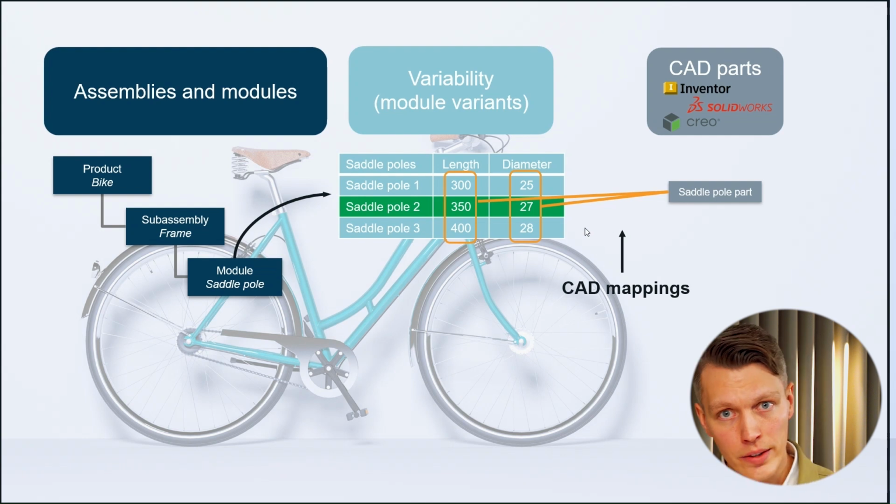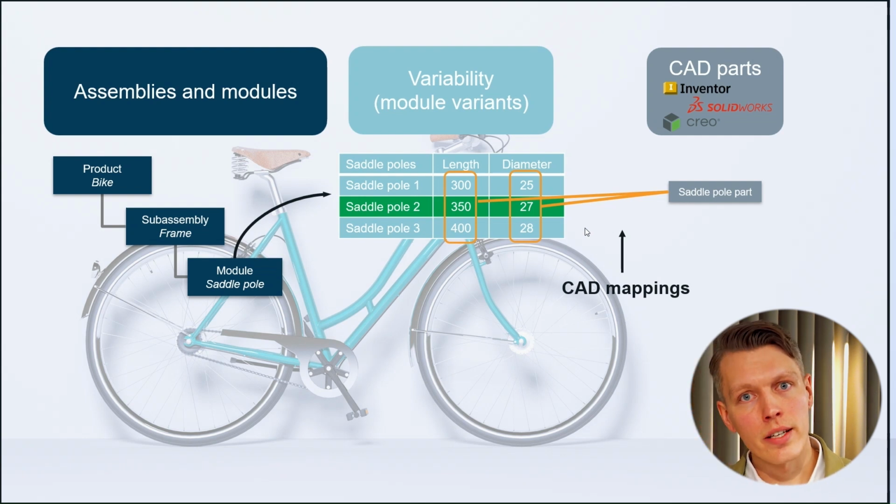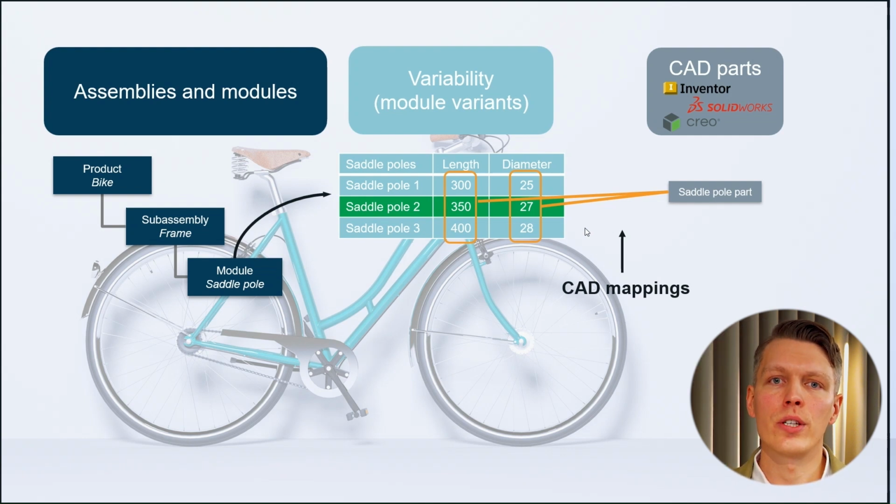And by actually doing this, we're really moving a lot of ETO cases, engineered to order cases, into configure to order, because our configurator is handling that variance, if you will, and we can produce the exact result with CAD automation without having to model these discrete variants. So we're really utilizing the power of parametric CAD, of course, and the power of Tacton's configurator.